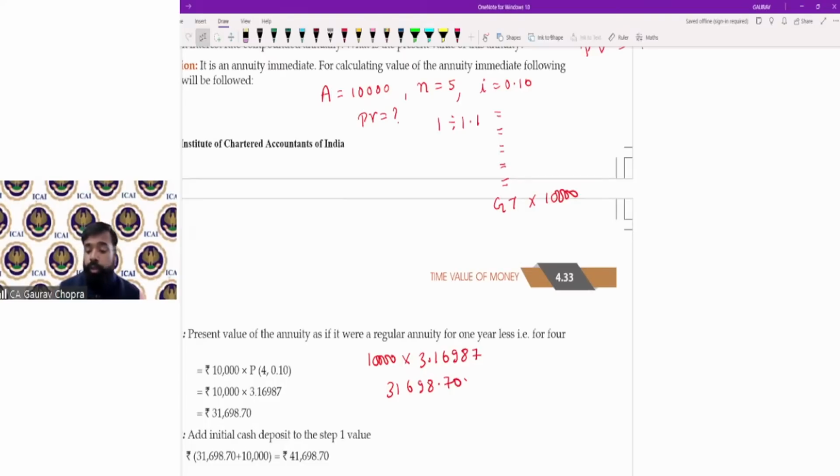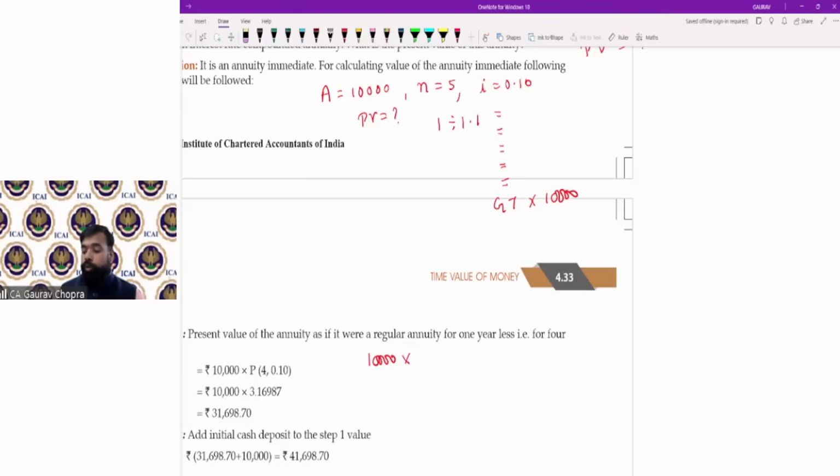Okay. So now let's calculate this, 1 divided by 1.1 and then do the calculation. So how much are you getting? 1 divided by 1.1, press equal to 5 times.